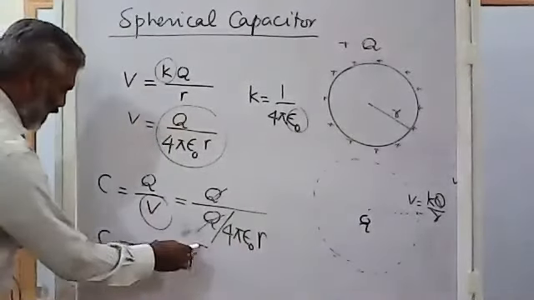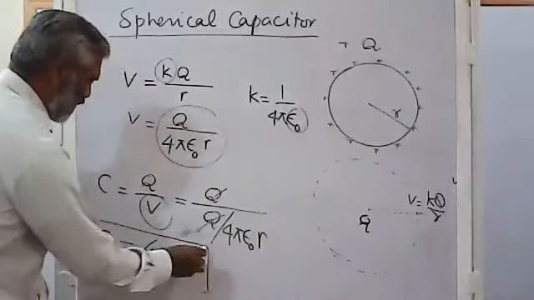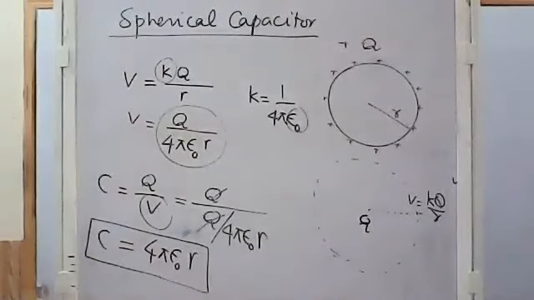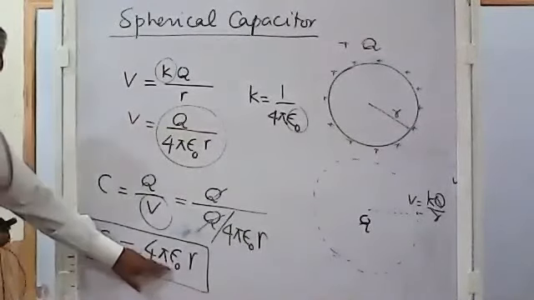So we have a new formula for capacitance, that is 4 pi epsilon naught times R.